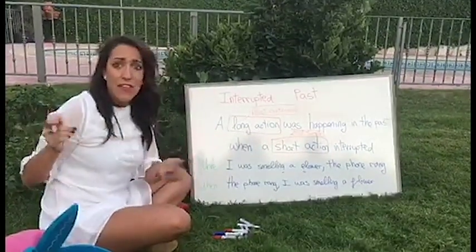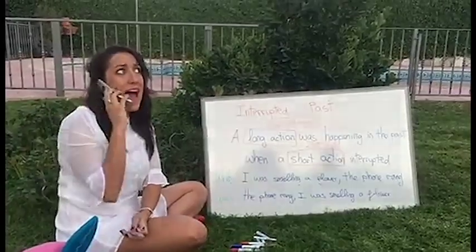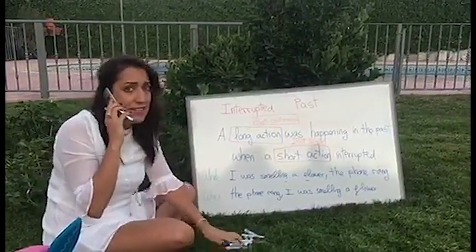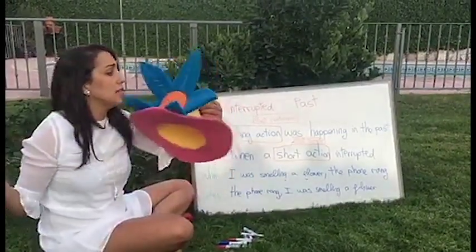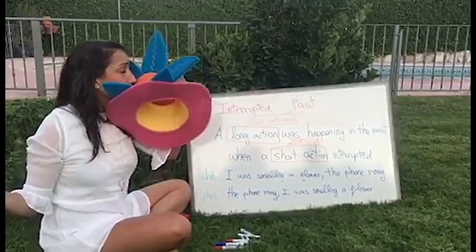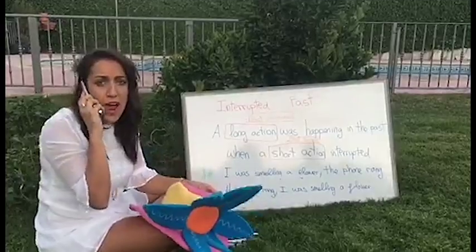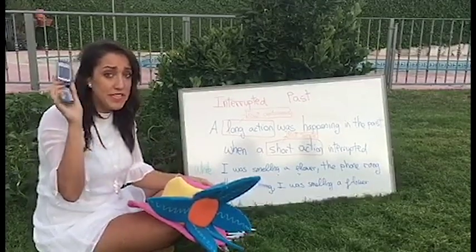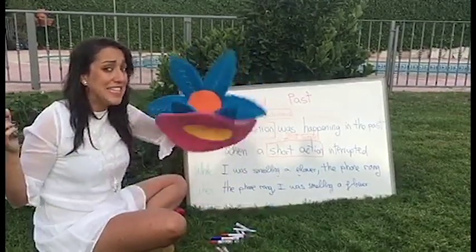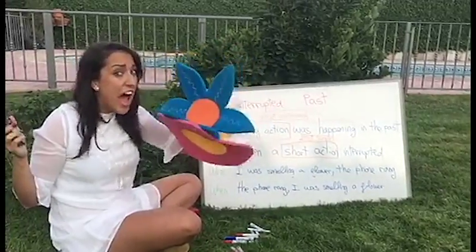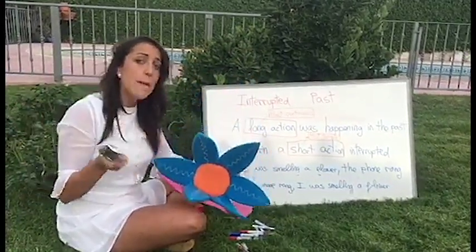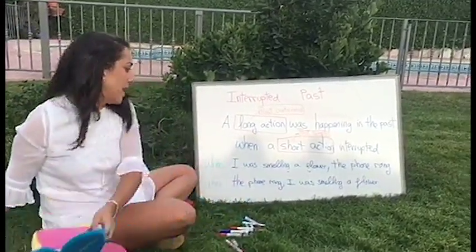What happened? The phone rang. So at the same time I was smelling the flower, long action, suddenly the phone rang. So this is the short action and this is the long action. A long action is interrupted by a short action.